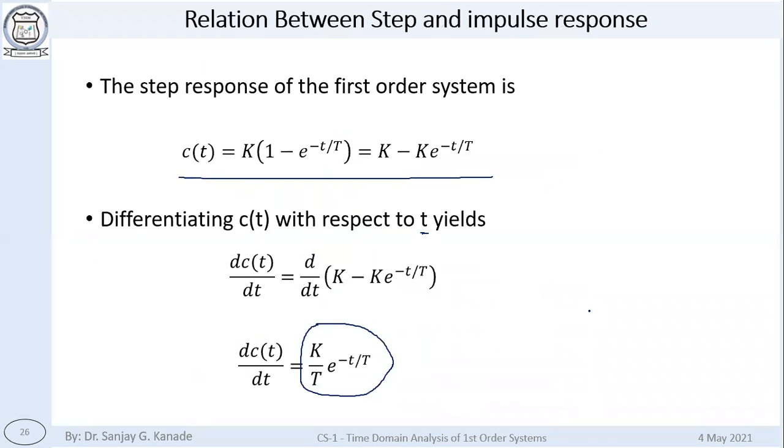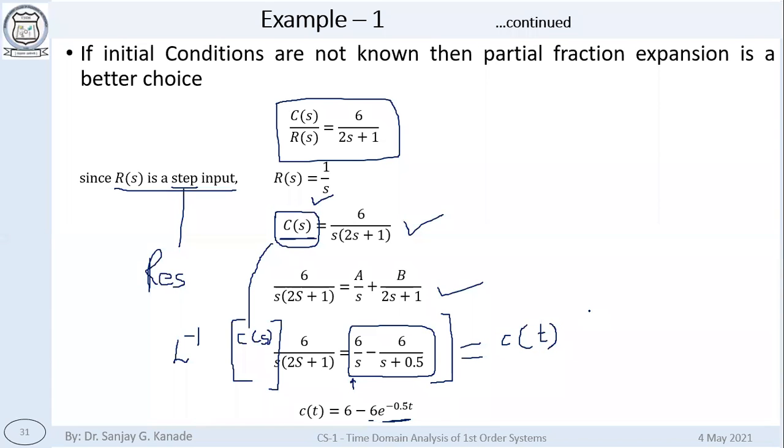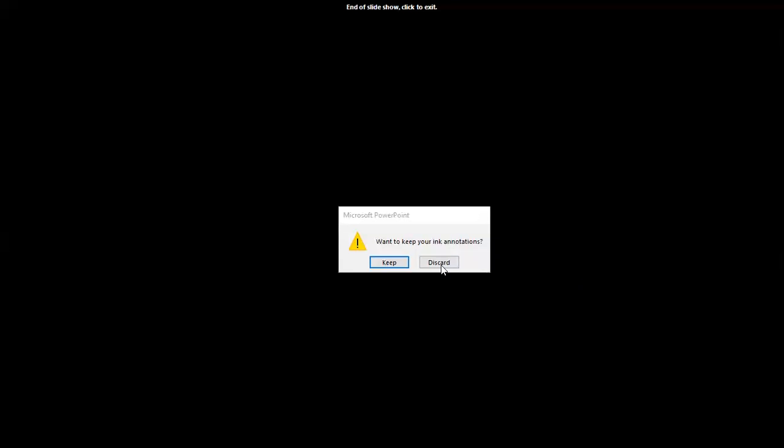So here we conclude this part of the second unit, which is time response of first order system. It is not the completion of the unit. Remember, this is the completion of this part, that the time response of first order system is now done. Okay.